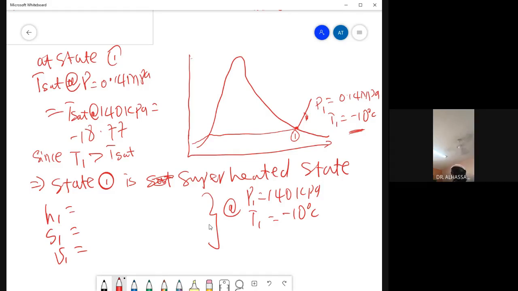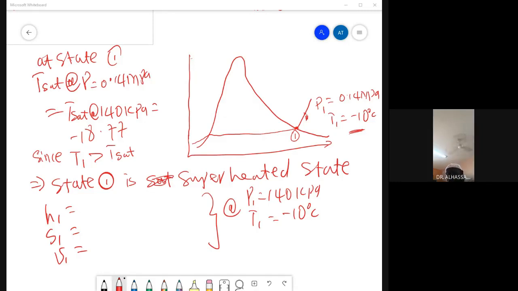Now go to the property table. I hope you have your property tables with you. If not, then it's a bit difficult. We go to the superheated table for refrigerant 134a.